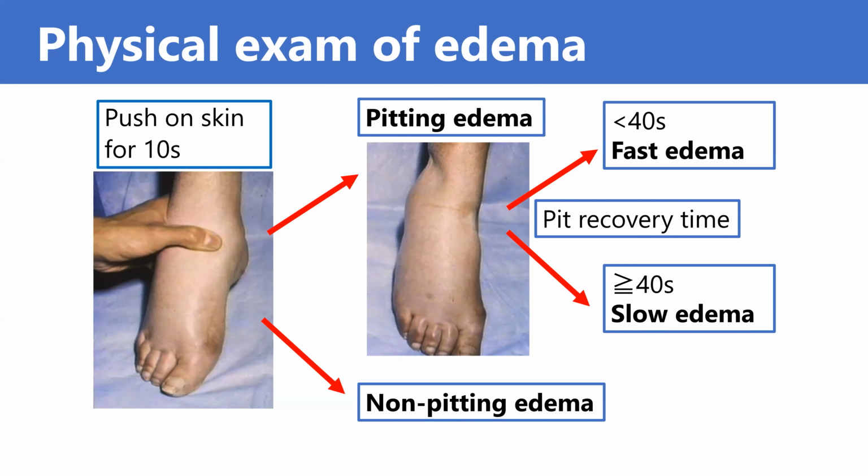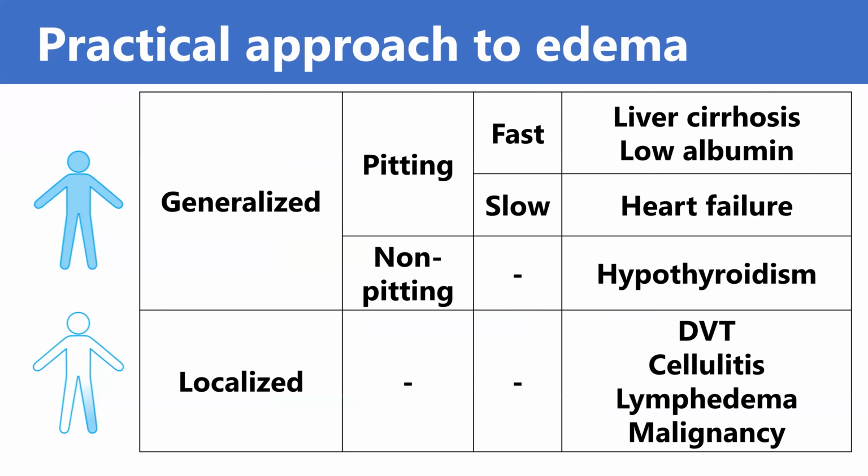Okay, this is a really important part. Based on the physical exam findings, we can have a practical approach to edema. Here's a summary. Among patients with generalized edema, differential diagnosis of fast pitting edema includes liver cirrhosis and low albumin level.